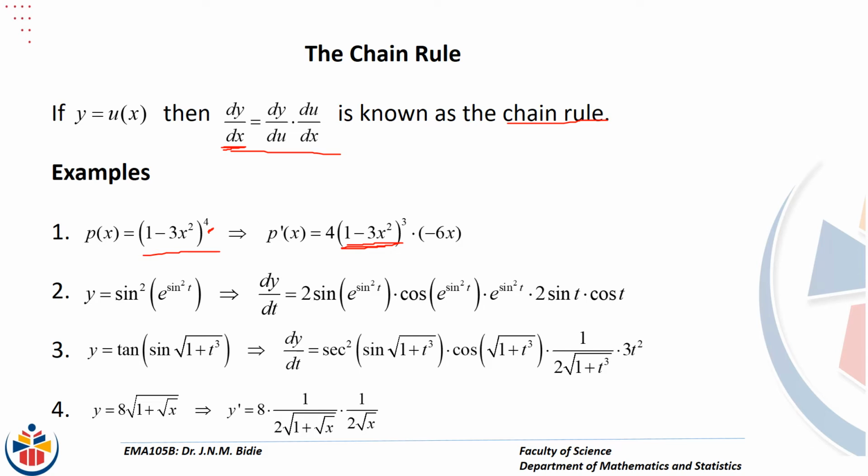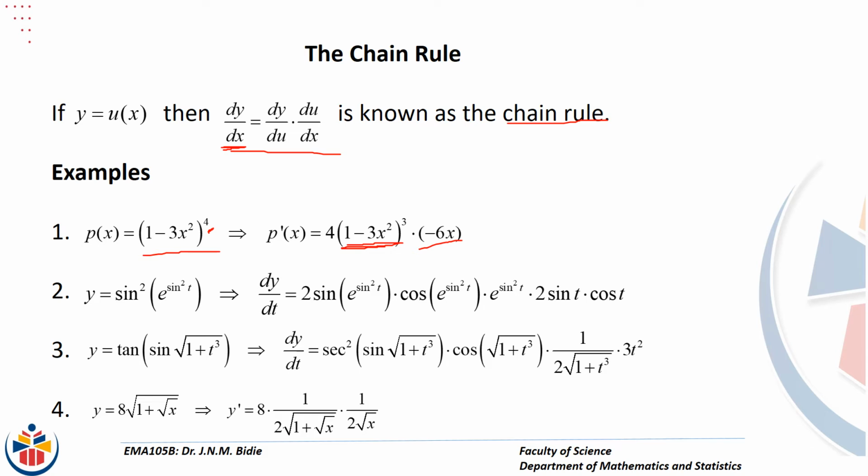And then you multiply by the derivative of your inner function, which is 1 minus 3x squared, which gives you negative 6x. So you first differentiate the outer function, and then you multiply that by the derivative of the inner function. I'm hoping that that makes sense.